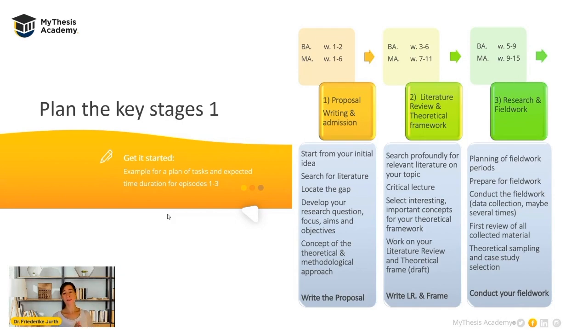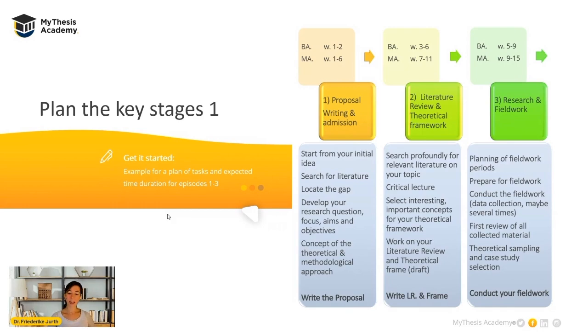For the fieldwork, you would have to plan the fieldwork in different episodes or periods. There's a part of the preparation of fieldwork, so everything that you have to organize and plan in advance.